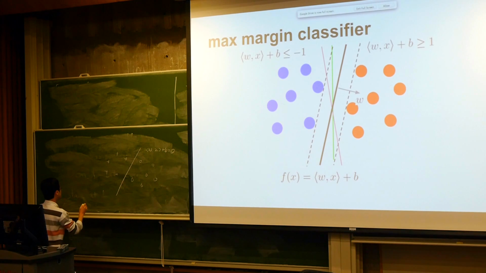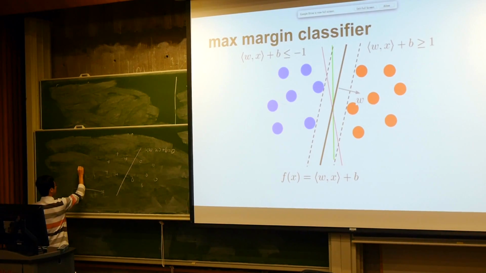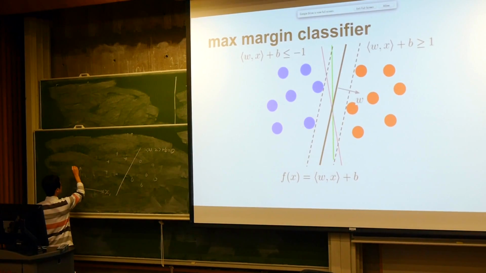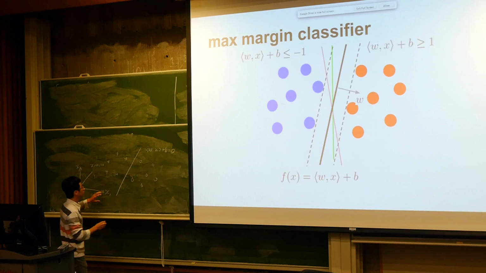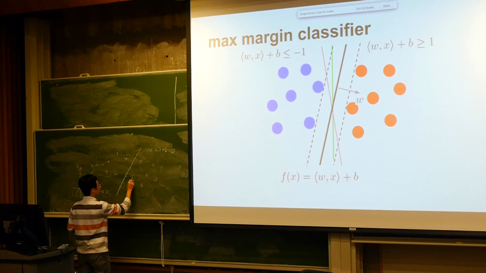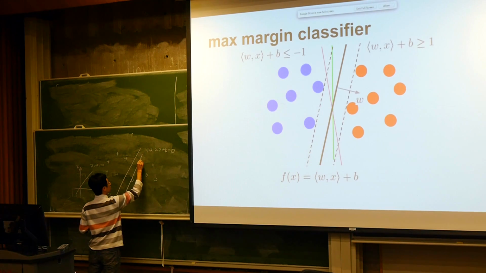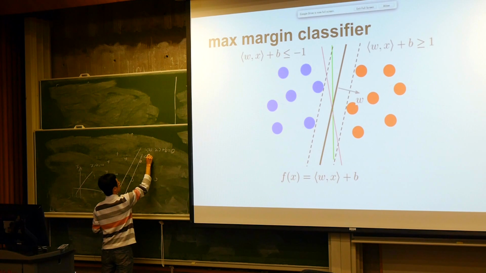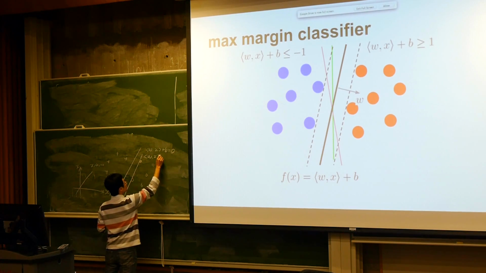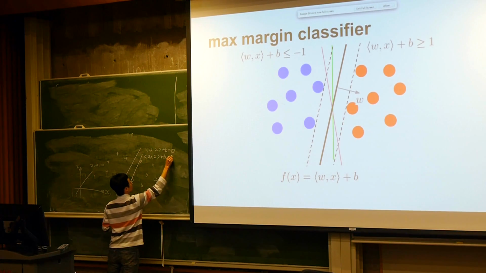So in the two-dimensional case, say this is x1 and this is x2, then this line can be denoted as x1 minus x2 equal to 0, right? Which is basically y equal to x. The line that is closest to the circle, we denote it as w times x plus b equal to 1.